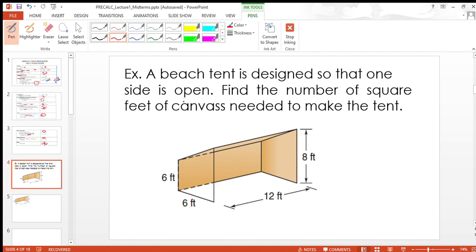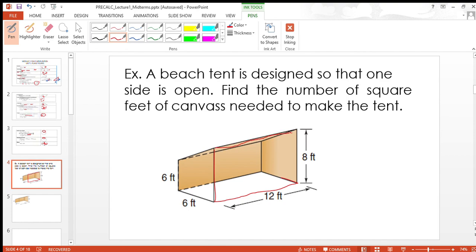A beach tent is designed so that one side is open. Find the number of square feet of canvas needed to make the tent. So if this is the tent, this front section here is an open section. Okay.